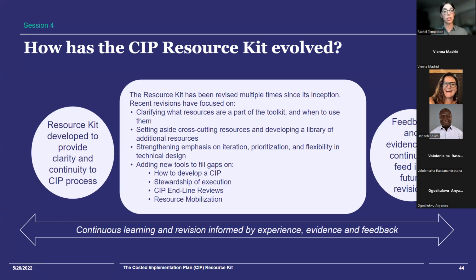What does it actually involve to develop a CIP? What is a CIP itself? How do we know what a CIP looks like across all of these different country contexts and needs? And also to provide best practices and continuity to CIPs across all the years and all of the country contexts. That was its original goal and remains its goal throughout the years.